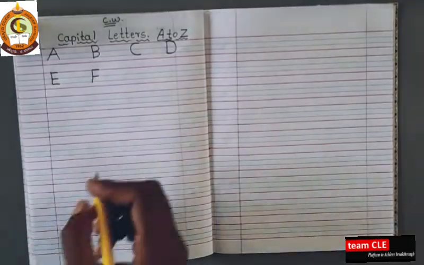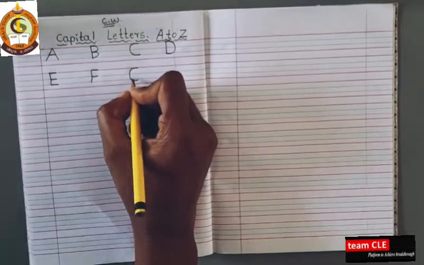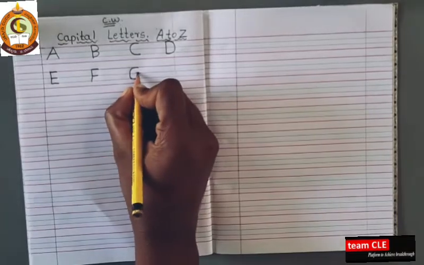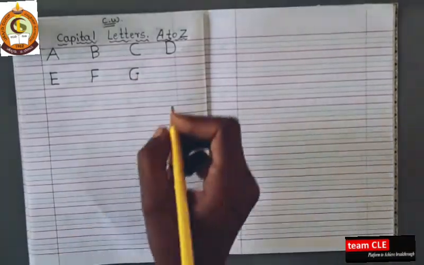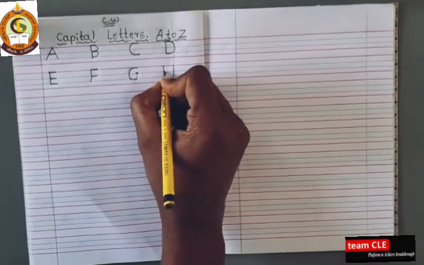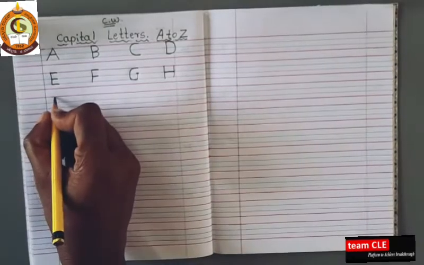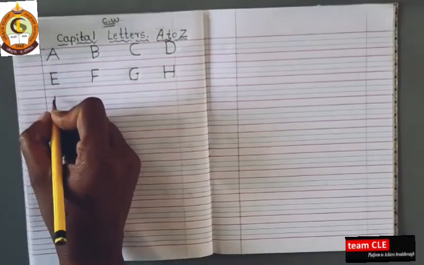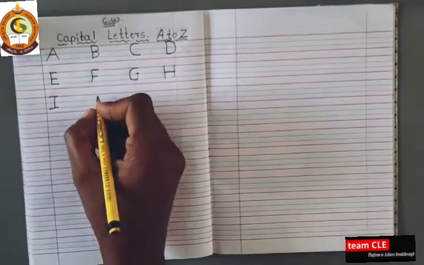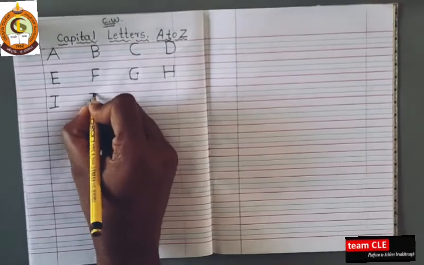F. Left side half curve and small standing line and small sleeping line. G. 2 standing lines and middle sleeping line. H. Standing line, 2 sleeping lines. I. Next, standing line, half curve, sleeping line.